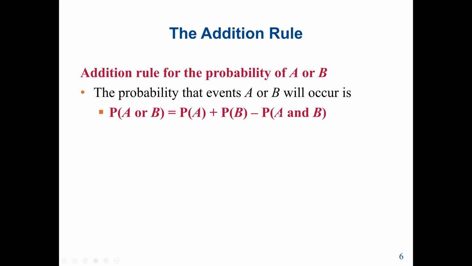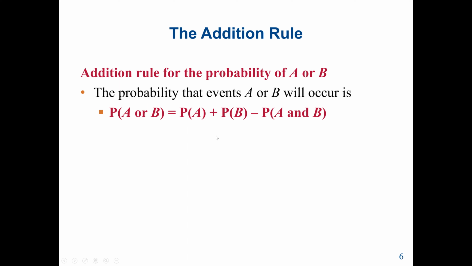This is for events that are not mutually exclusive, because if we have events A and B, both of them can occur at the same time and also they can occur individually. Then this will be the addition rule formula for not mutually exclusive events.